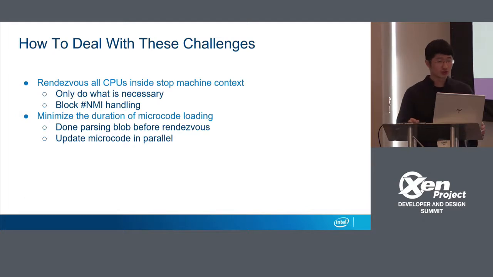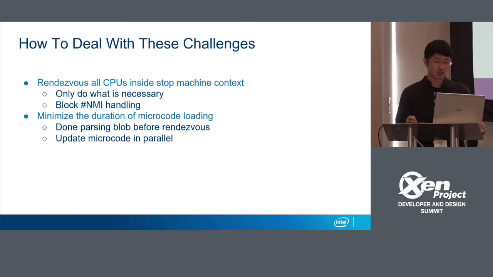So how do we deal with these challenges? This is our proposal. We rendezvous the CPUs inside the stop machine context. At this rendezvous, all CPUs will only do what is necessary and use a small set of instructions which are considered safe to use when updating microcode.